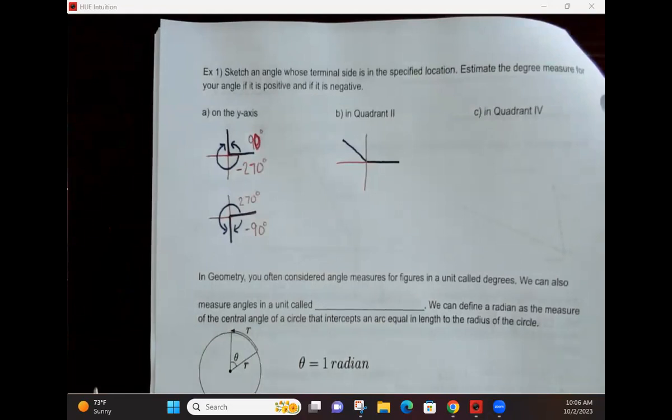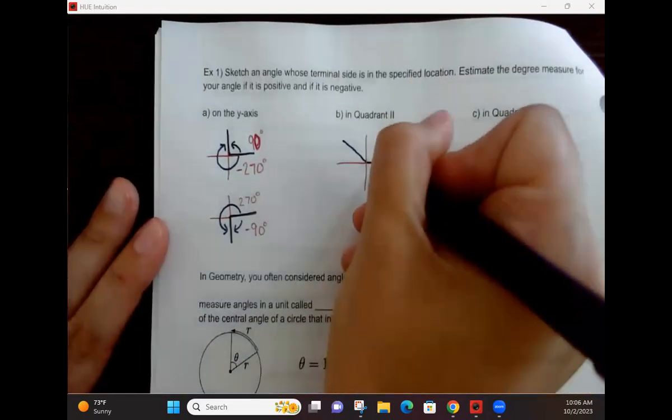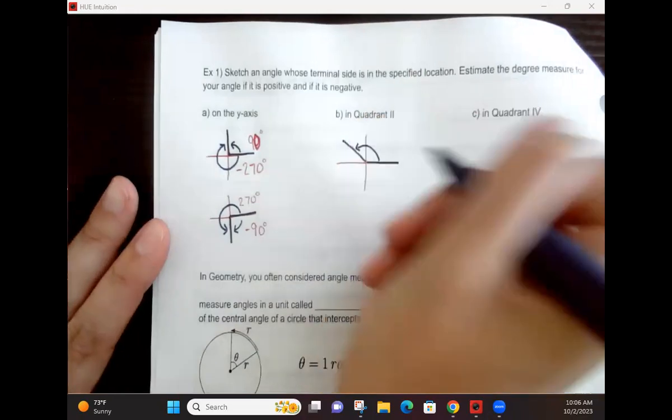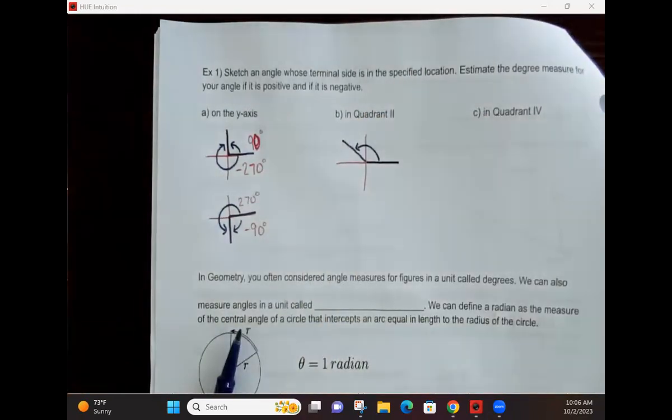For the angle that you drew, give me a reasonable estimate for the positive angle. Maybe 135, okay? 140, maybe yours is about 100.